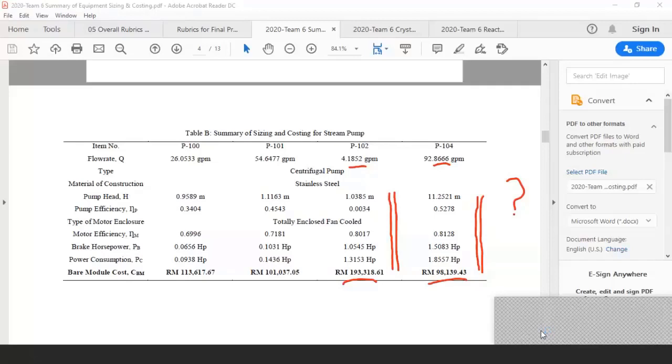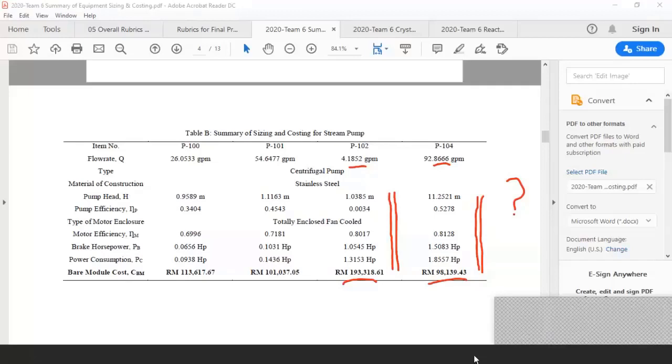Okay, this is very important for you to refer back to the pump calibration curve. Of course, inside the pump calibration curve pun ada efficiency. Alright, I know you guys are not at the level yet at the moment, but when you put the numbers there, you also need to think logically as well. Maksudnya, this is something that definitely you need to rectify. We cannot accept such figure like this.